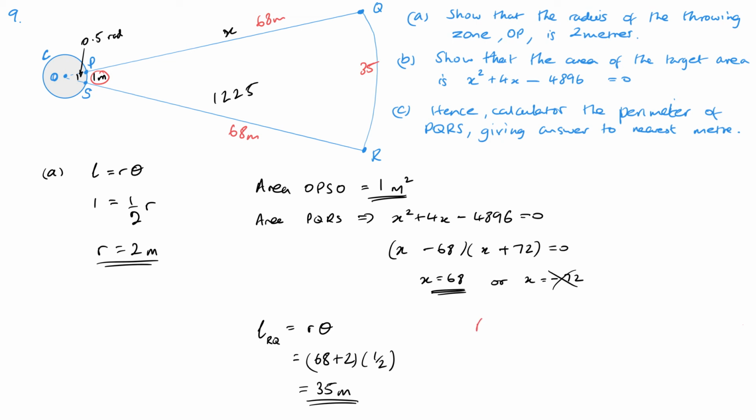So our perimeter is 68 plus 68 plus 35 plus 1. And that's 172. It says to the nearest meter, but that was when I was just writing the question. I wasn't entirely sure about what the answer was going to be. So yeah, it was exact in the end. Brilliant.